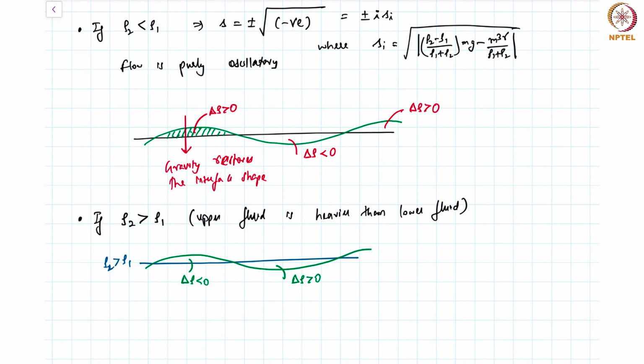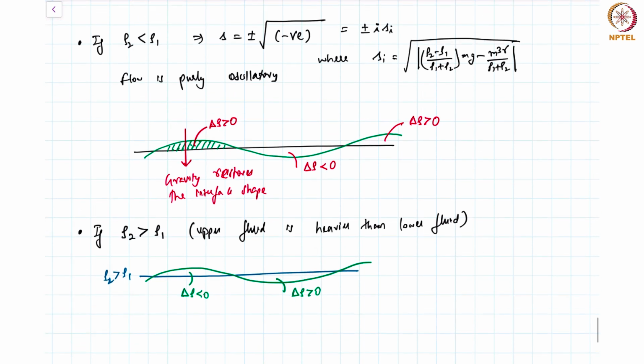But is it true? Are all kinds of waves unstable? Is it always true? Is there a stability criterion that we can come up with?